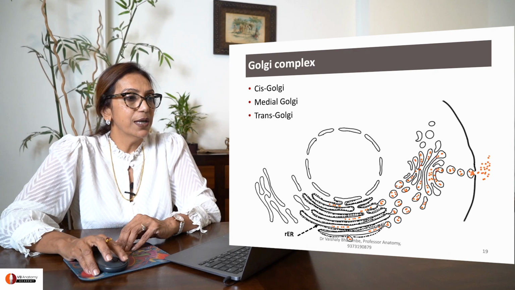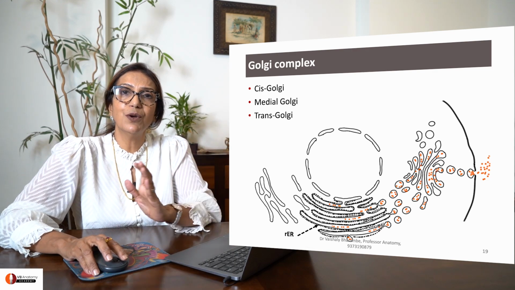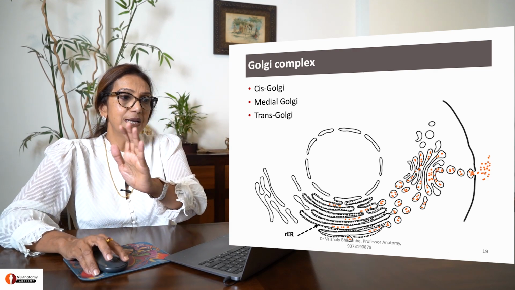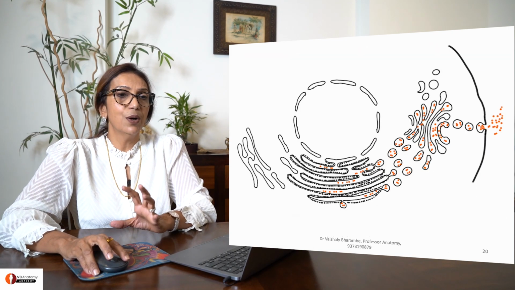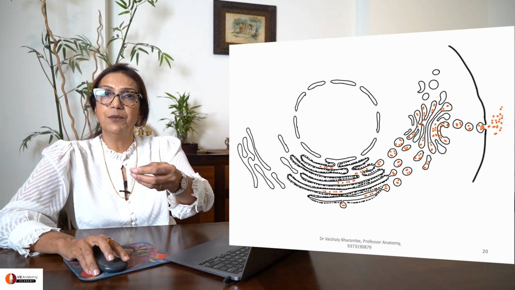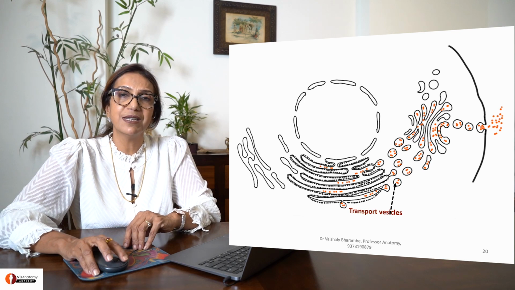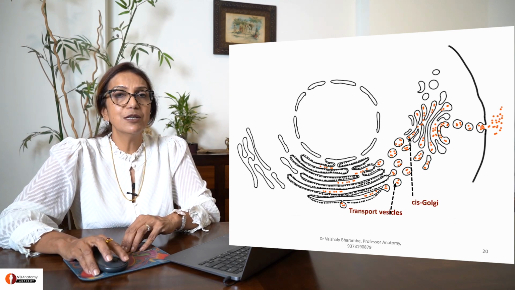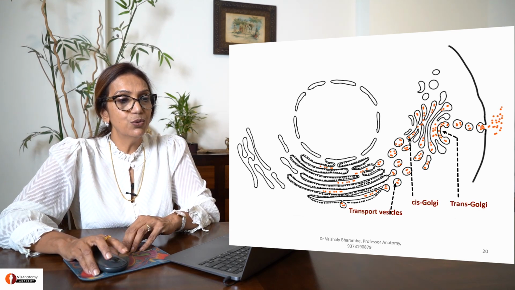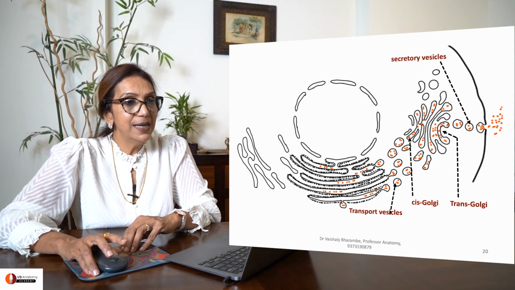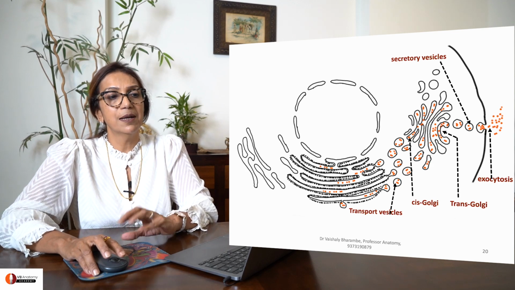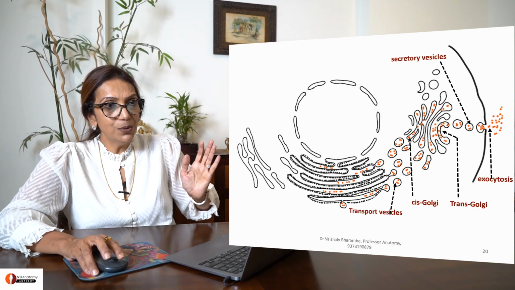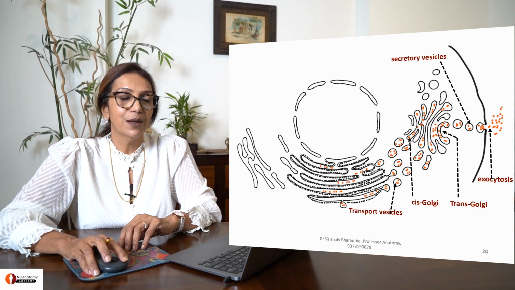Then we'll discuss Golgi complex and parts of Golgi complex, cis, medial, and trans Golgi. Then we will discuss also how a rough endoplasmic reticulum releases protein through transport vesicles, picked up by cis Golgi, passed through to trans Golgi, released as secretory vesicles, which fuse with the plasma membrane to release the material outside by exocytosis. How does this happen in a cell?